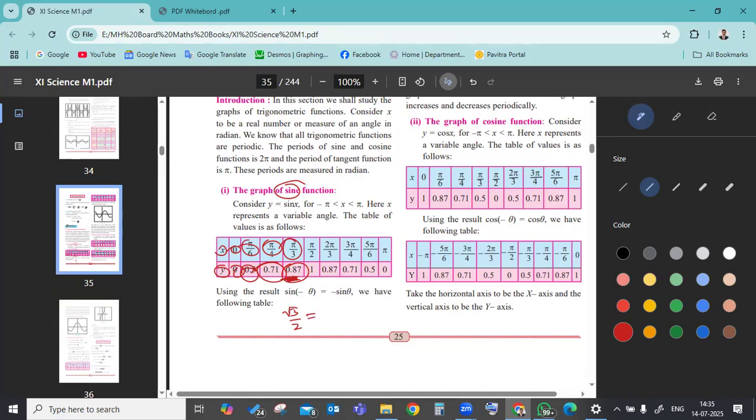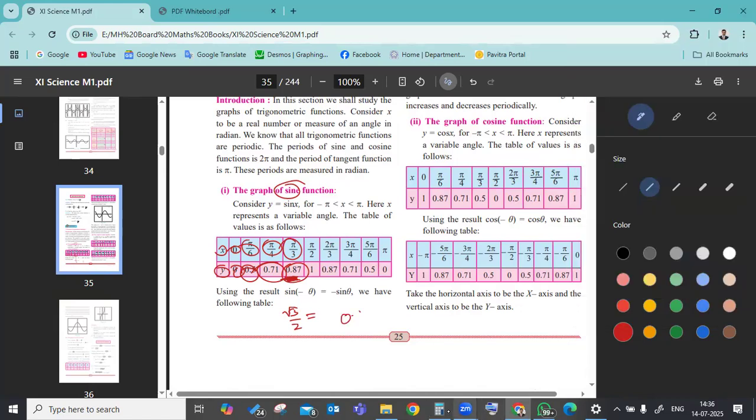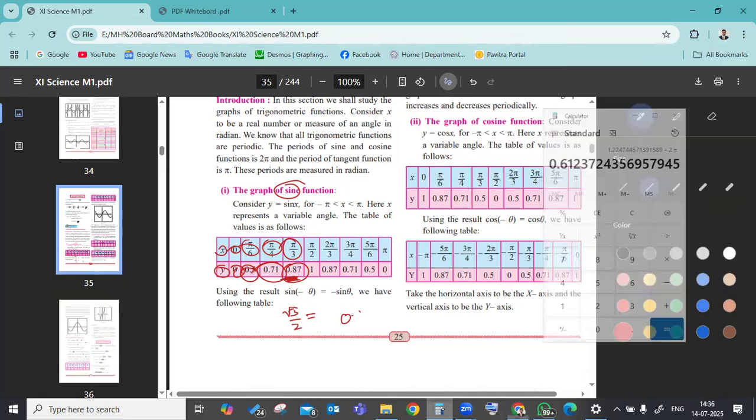Better you check it with a calculator. √3/2 is about 1.22 divided by 2, 0.61. And π/6 turns out to be 0.6123.